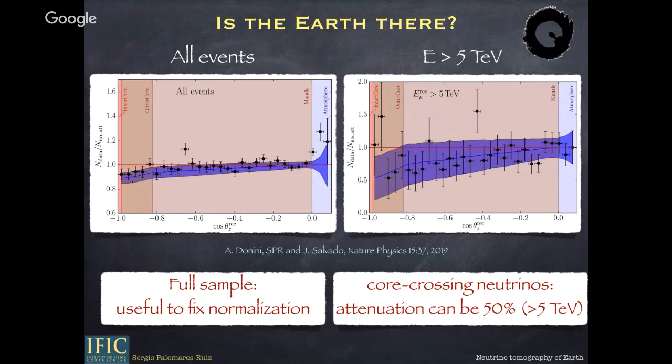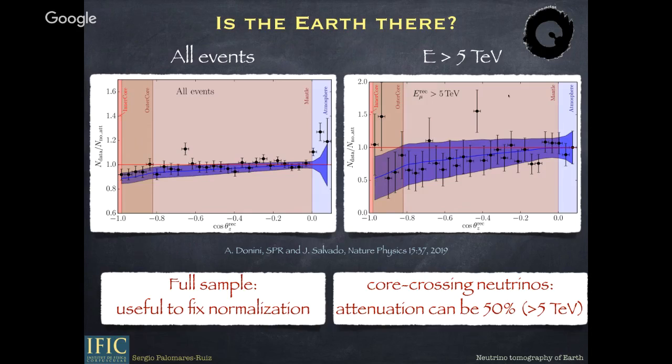And as you can see for the plot on the left, there is very little absorption, and it only takes place for neutrinos crossing the core, but this is because we are using all events. Recall that the atmospheric neutrino flux is a very steeply falling flux, so basically all the statistics is dominated by low energy events, for which absorption is almost negligible. But using the full sample is very important to fix the normalization of the atmospheric neutrino flux.